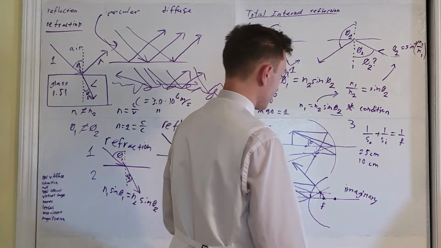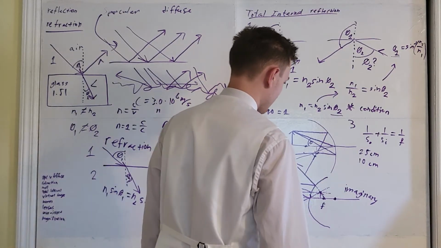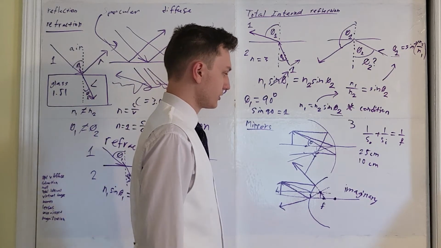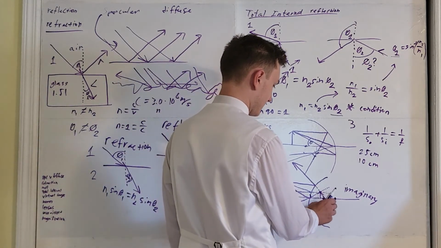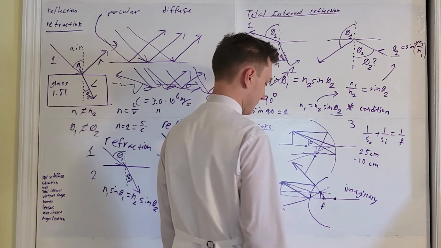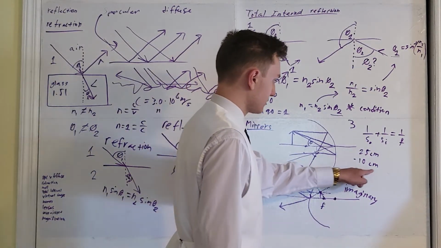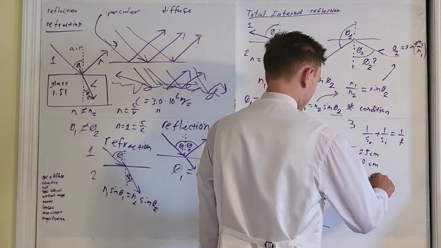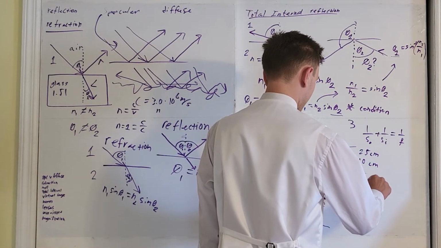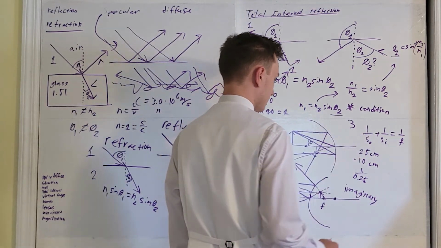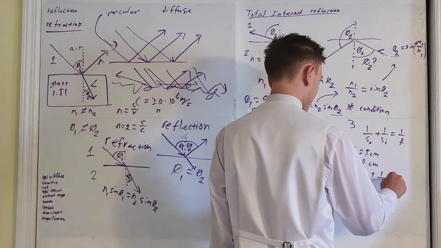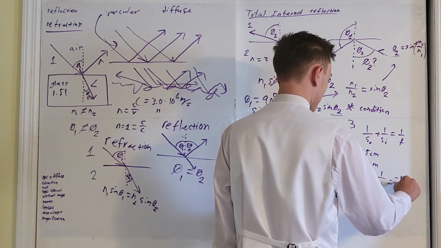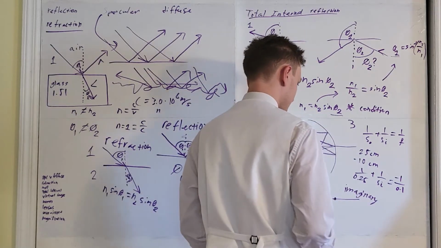Okay? So if it says that the focal length of the mirror is 10 centimeters, and it also tells you that we're dealing with a diverging mirror, then the focal length is negative 10 centimeters. So that is important when we consider this equation. We just say that 1 over 0.25, because these are all going to be in units of meters, plus 1 over the distance to the image equals a negative 1 over 0.1.